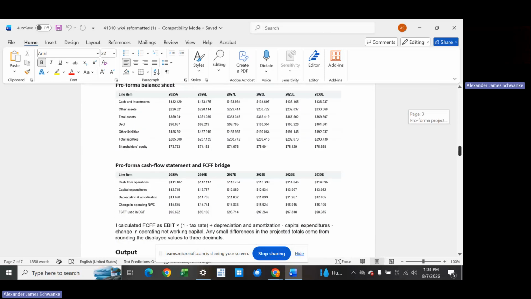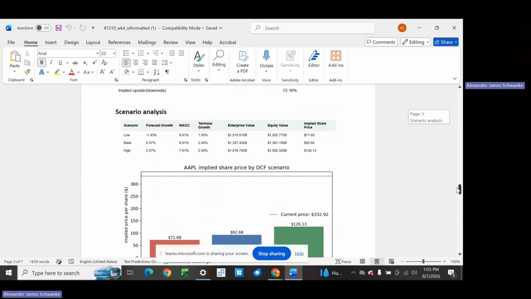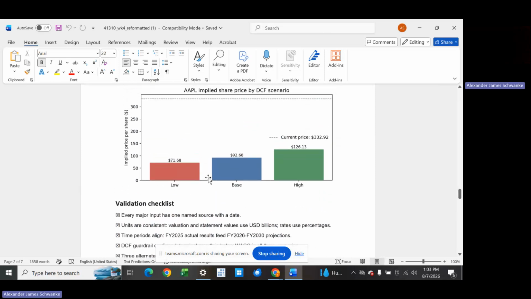And then here are my 3 scenarios: the low, base, and high. The low scenario had a negative FCFF growth with a higher WACC of 9.91%. Base had a WACC of 8.91%. The highest case scenario had a WACC of 7.91% with growth of 1.52% and 2.5% respectively.